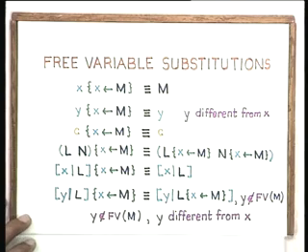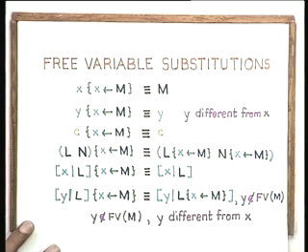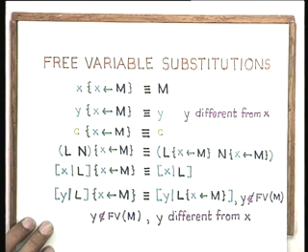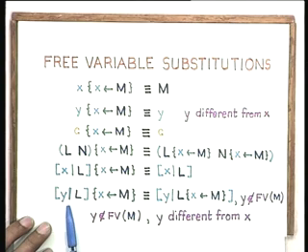So, moreover an added constraint here is that m itself should not contain y free. If M contained y free, then the y in M is different from this locally bound y, right.